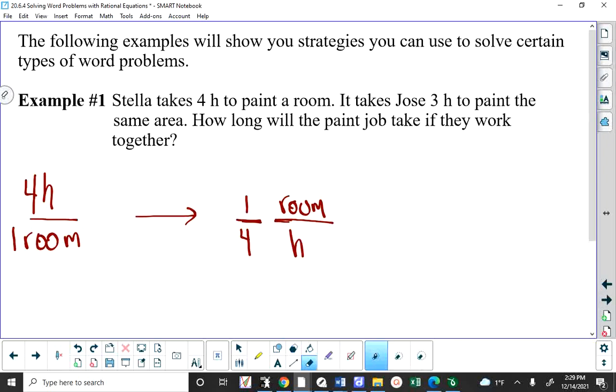So what this means is that she could do a quarter of a room in an hour. Which I hope, if you think about it, if you can do in 4 hours a full room, then in 1 hour, you would only do a quarter of a room. So this is Stella.